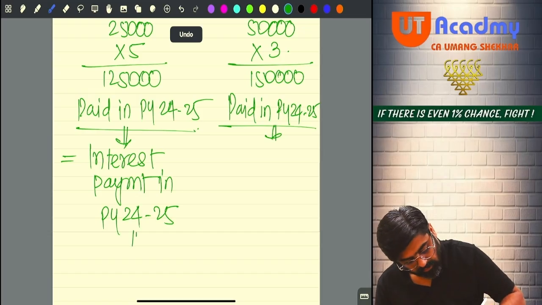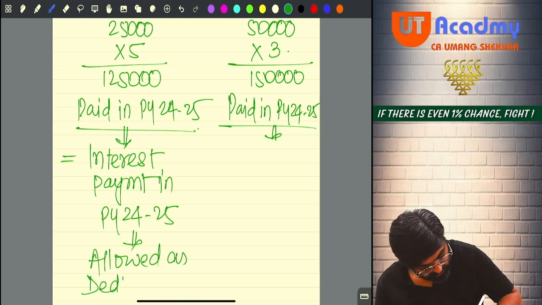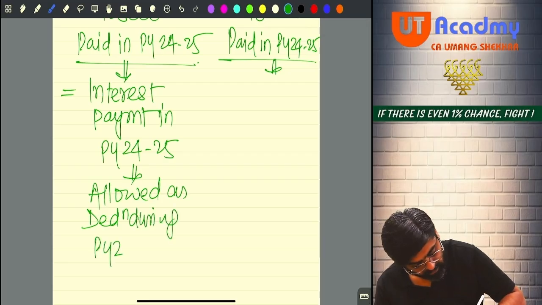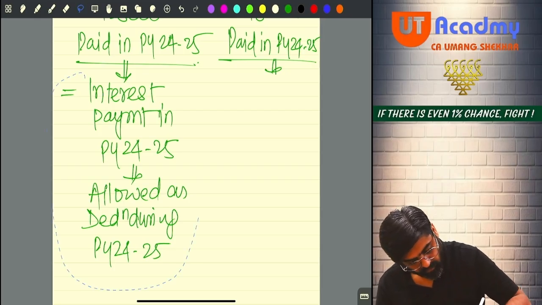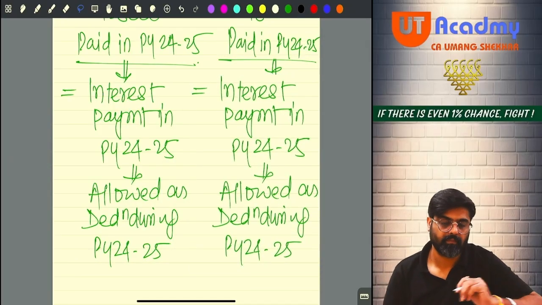So this will be allowed as deduction during previous year 24-25. Copy, paste. Done.